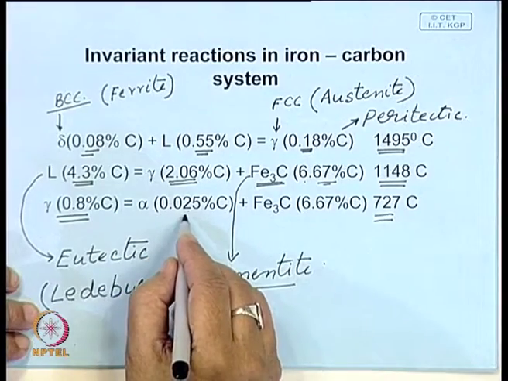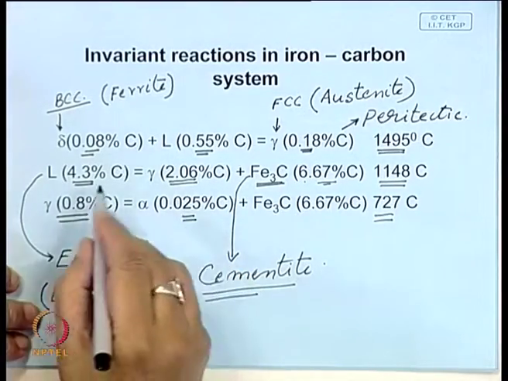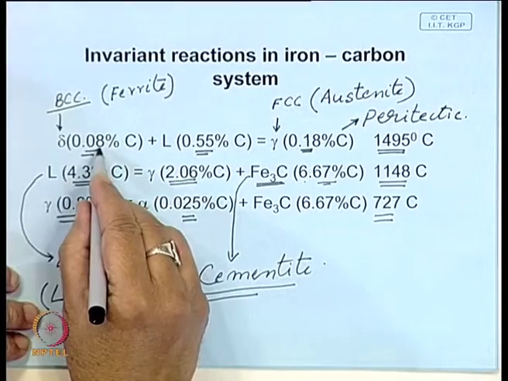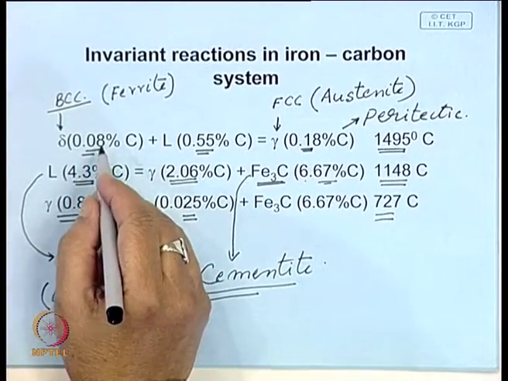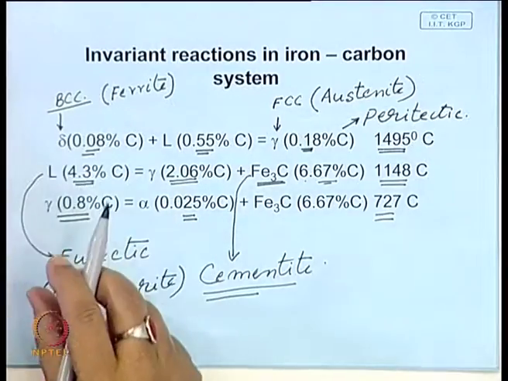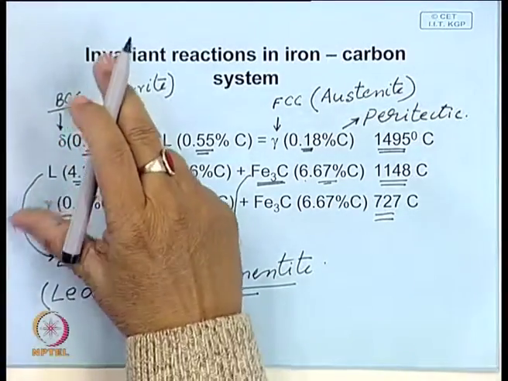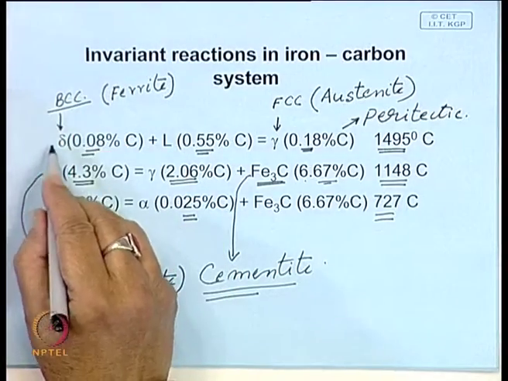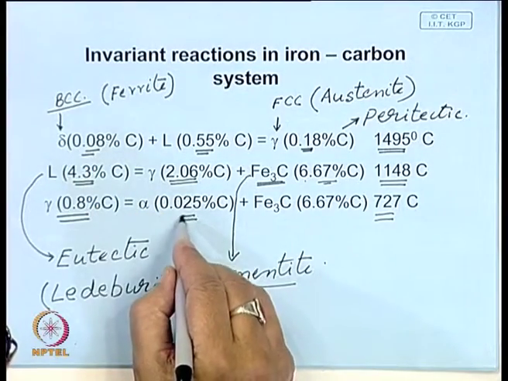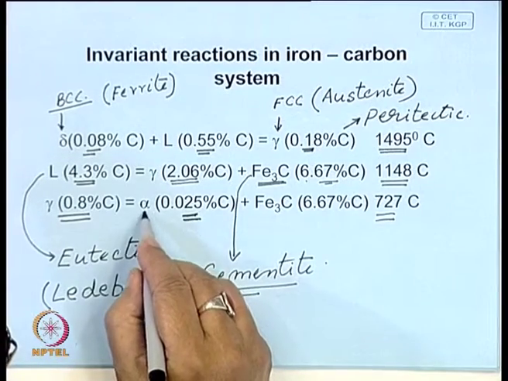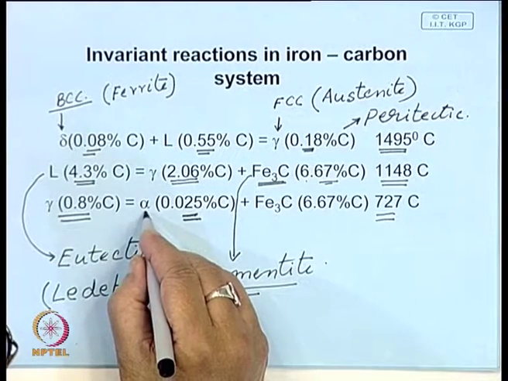Look at this ferrite, this has even lower carbon content than this. So, this is at a high temperature. At a higher temperature, the lattice parameter also will be larger, so the interstitial gap also is higher. So, here the solubility is a little less, but look at the solubility here in ferrite. This is the low temperature ferrite.